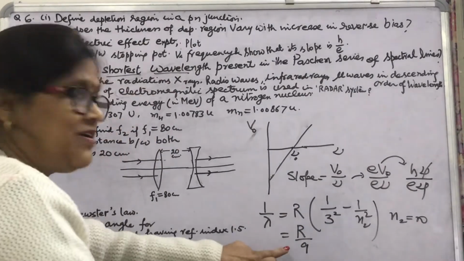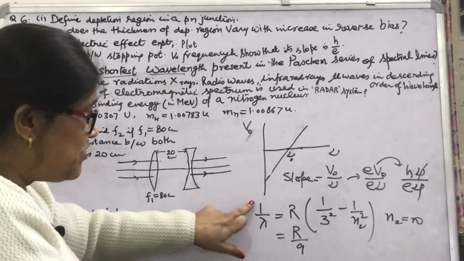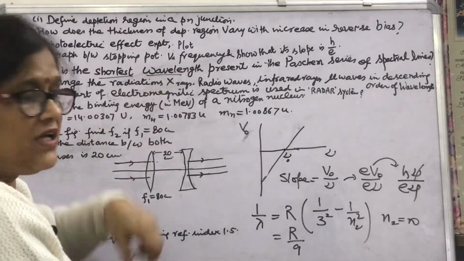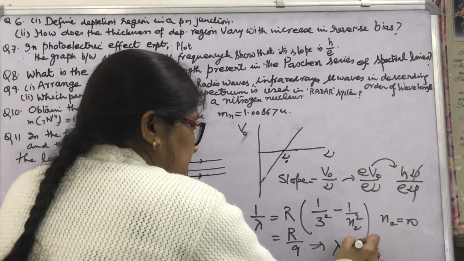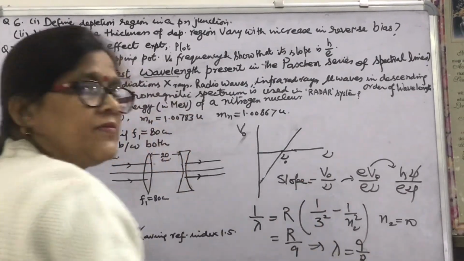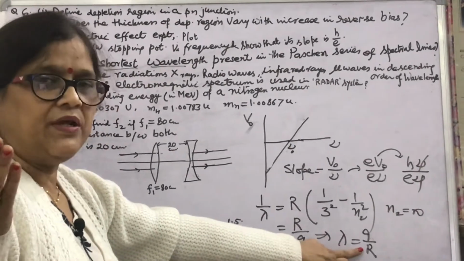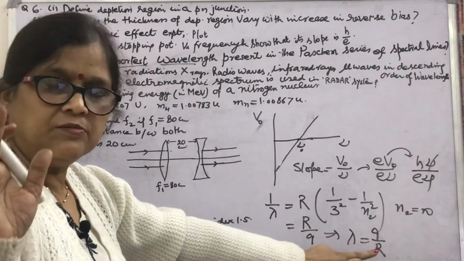Don't leave your expression at this point. This is equal to 1 by lambda. It is asked what is the shortest wavelength. That means you have to write the answer by reversing it, that is 9 by R. Rydberg constant is given in the paper. You can find it in terms of meters also by putting the value of the Rydberg constant. Otherwise, 9 by R in terms of the Rydberg constant.